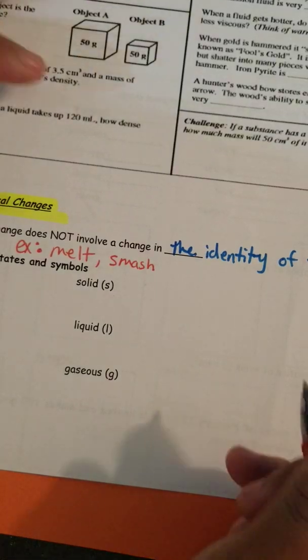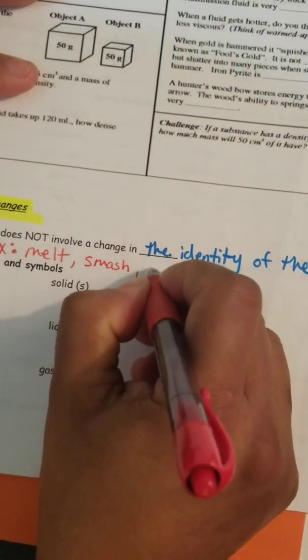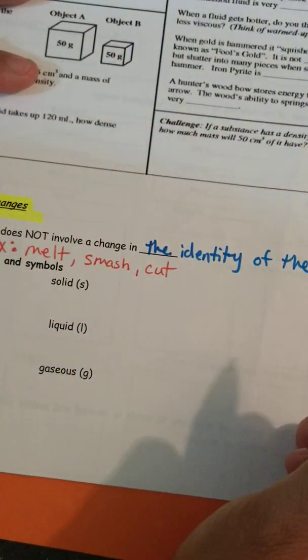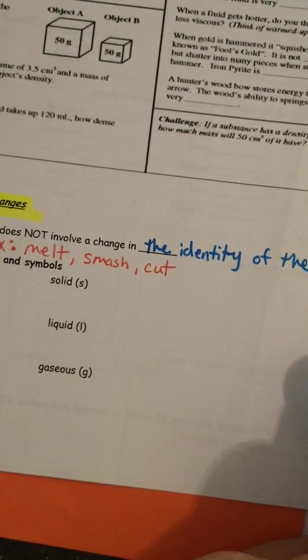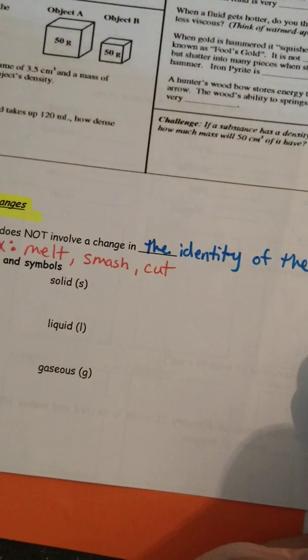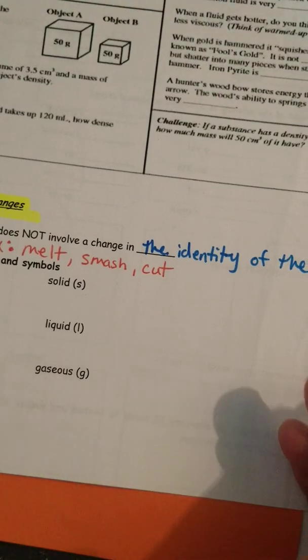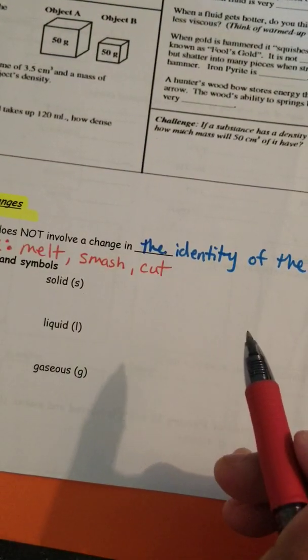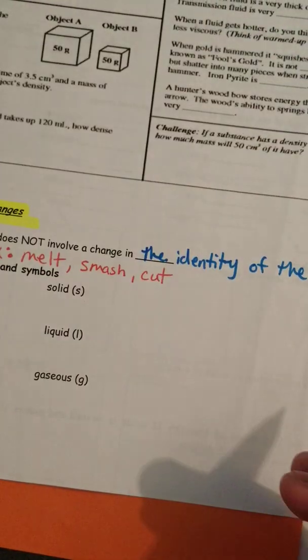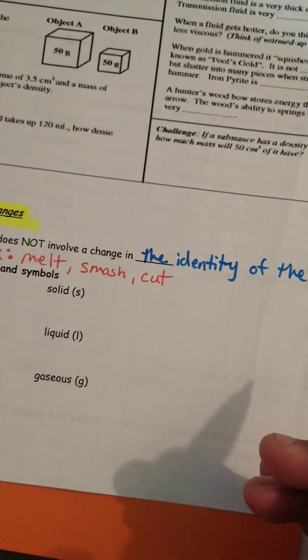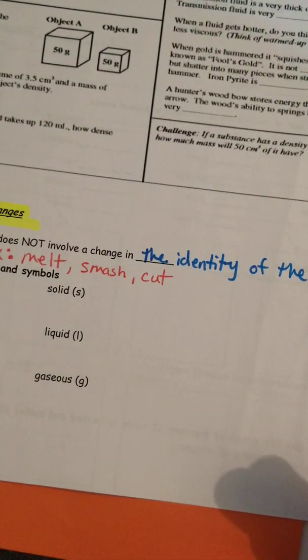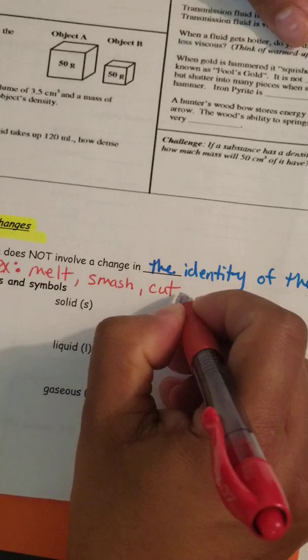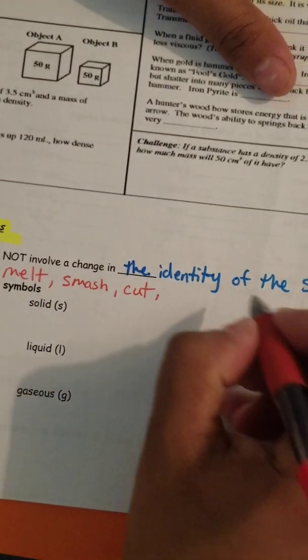Still water. What if I cut it? Like those people with those huge giant blocks of ice, and they get the chainsaw and make all these nice little sculptures. What if they just got a big giant ice cube and cut it in half? Isn't it still H2O on both sides?